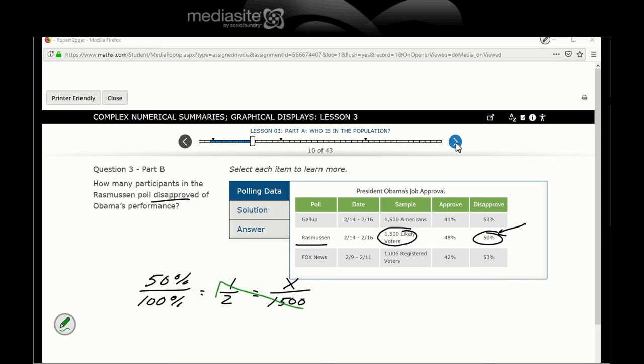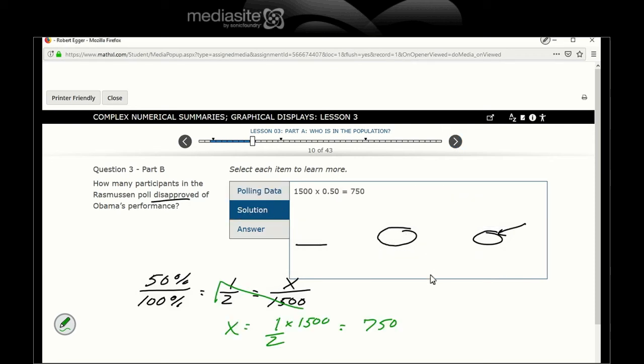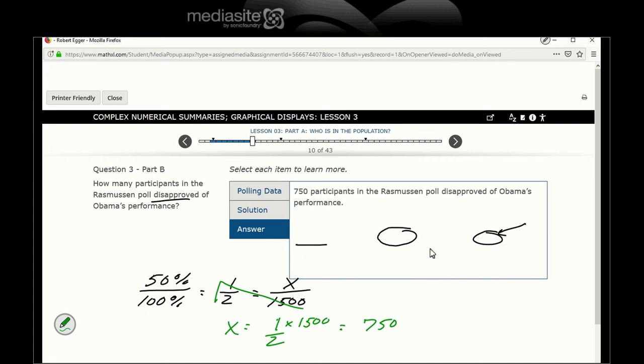X would be 1 times 1,500 over 2, or 750. 1,500 times a half, 750. So 750 likely voters polled disapproved of Obama's performance.